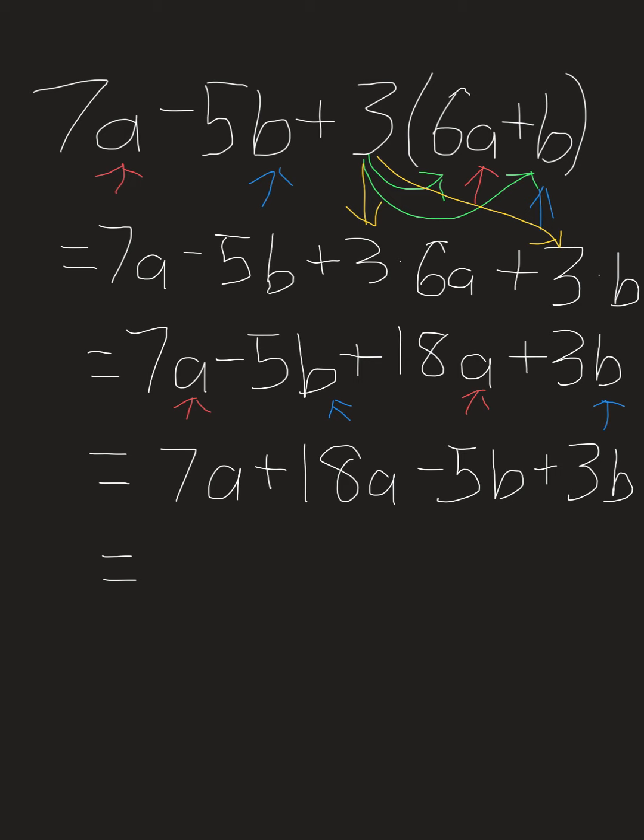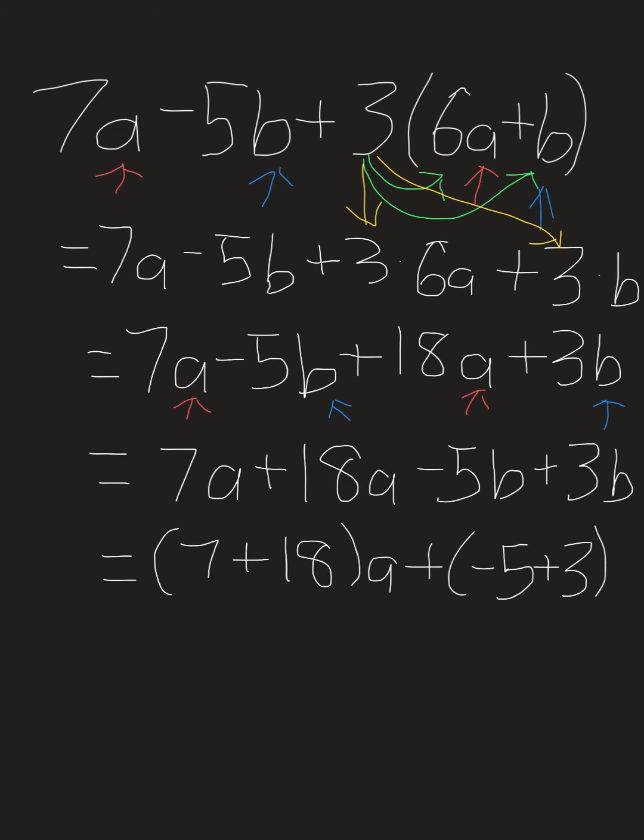Now, let's try to collapse them together. What's 7a plus 18a? And then, what is minus 5b plus 3b?